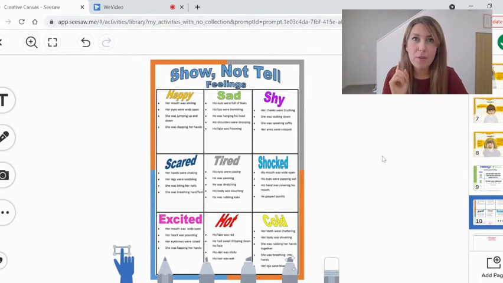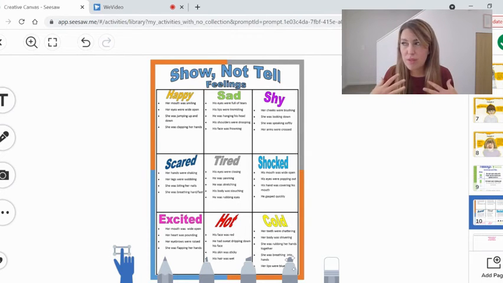Because you're writing your first event, your pebble, on paper, I would suggest having this page open, because have a look for each of the different feelings on here. It gives you ways that you could show it using words. And you're very welcome to use some of these today in your writing. So instead of saying your character was sad, you could say his eyes were full of tears, his lips were trembling, he was hanging his head, his shoulders were drooping, his face was frowning.